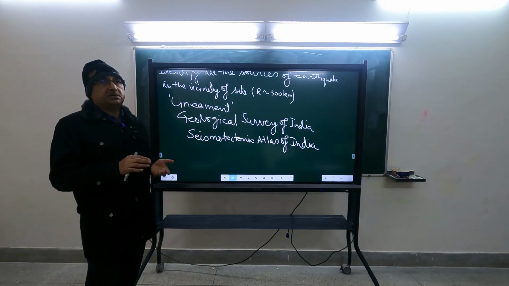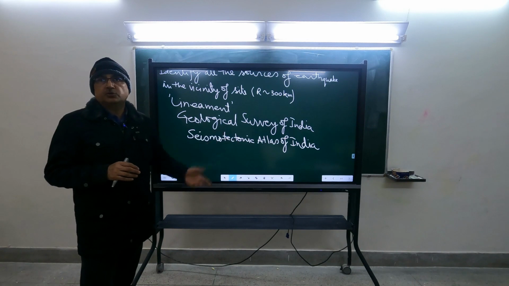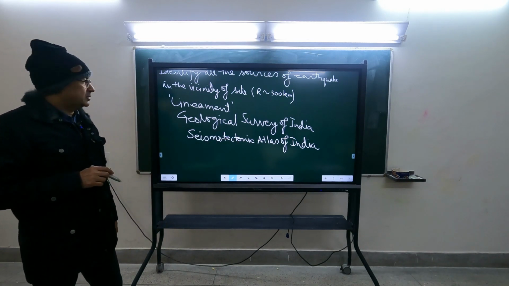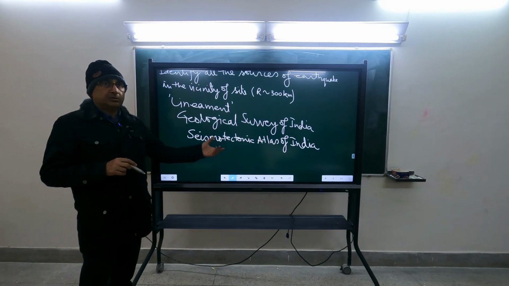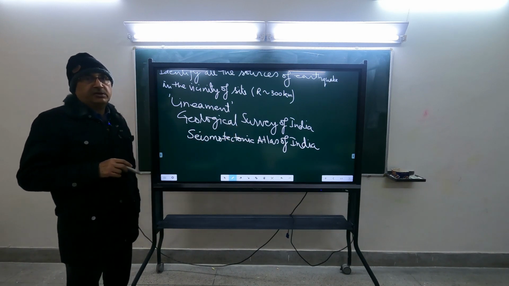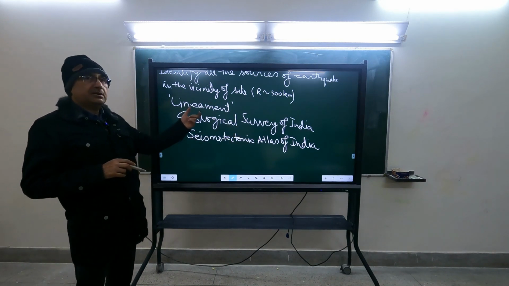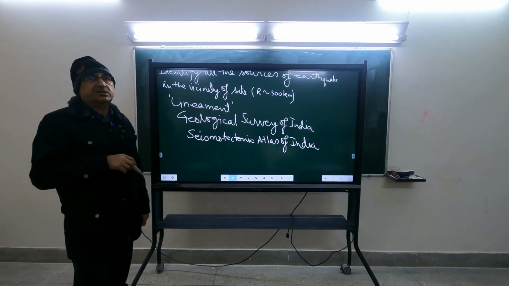It is an unfinished job because more and more faults may be discovered. But a lot of information is available, with good confidence about identifying different faults and lineaments. So this can be one source of identifying different earthquake sources within the vicinity.